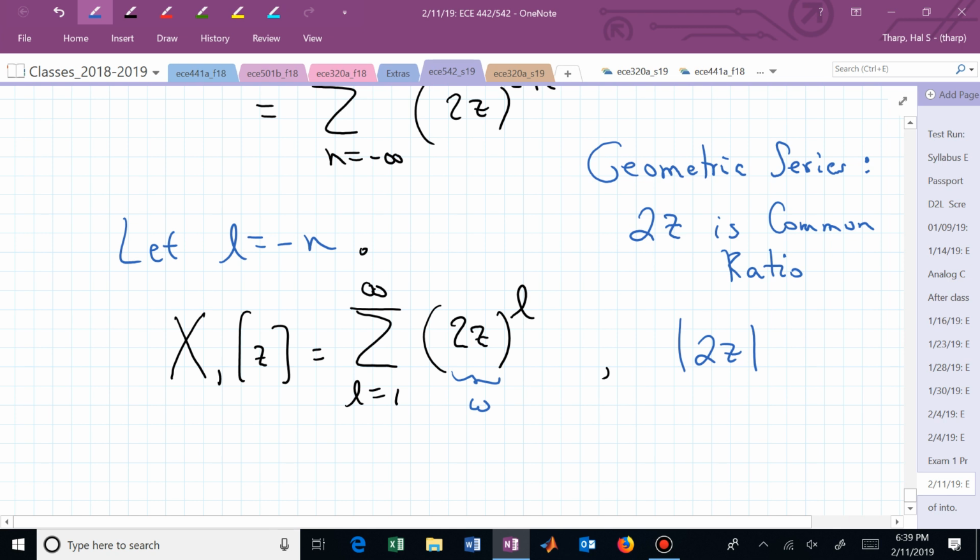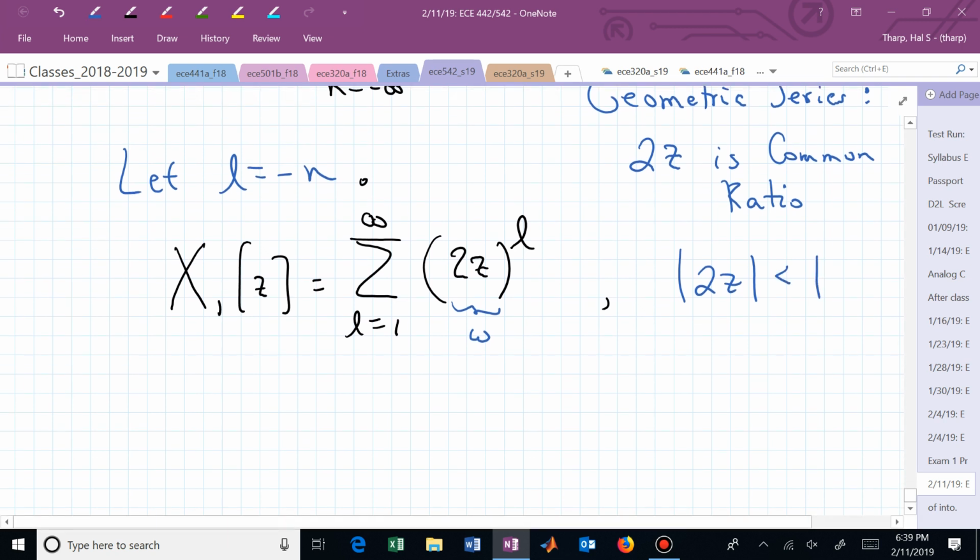Can we say anything about the magnitude of that relative to having this particular series bounded? Two z has to have a magnitude less than 1, or the magnitude of z is less than 1/2.